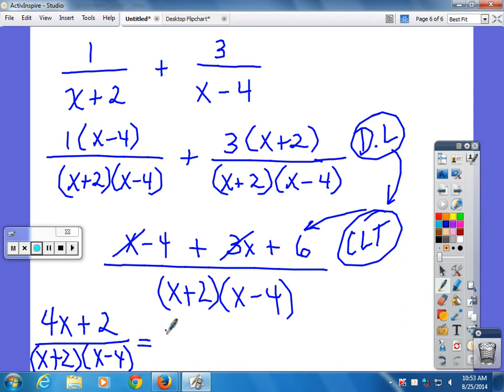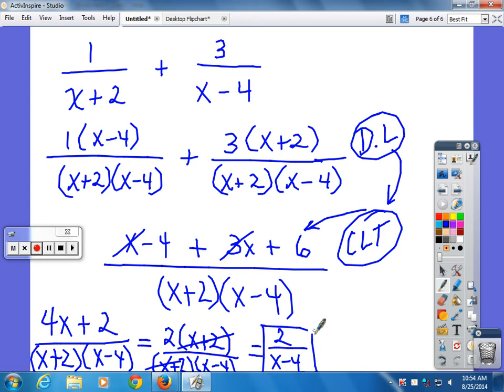So 2 times x plus 2 over x plus 2 times x minus 4. Miss Holly, can we cancel those x plus 2's out? Yes. So the answer is 2 over x minus 4.